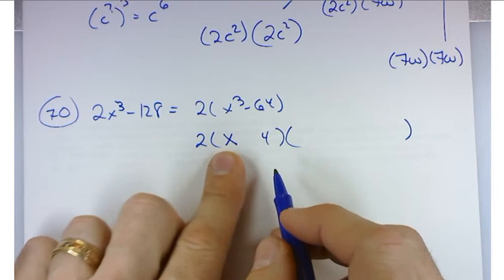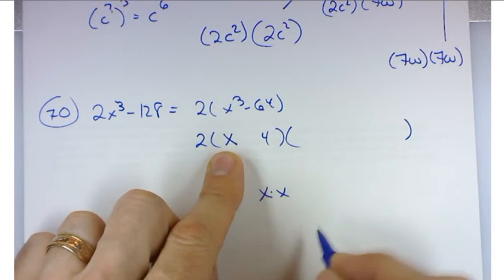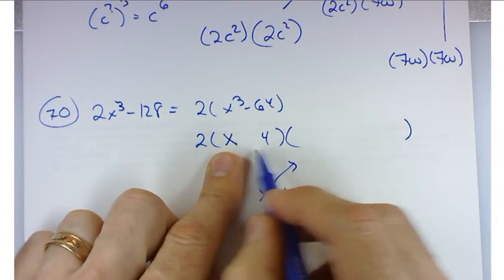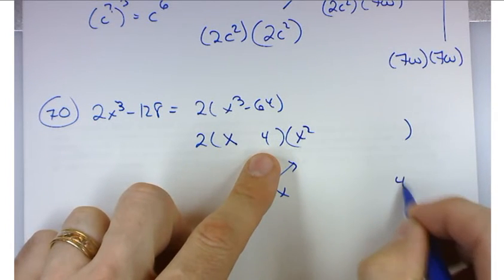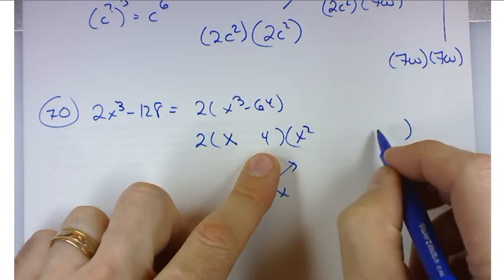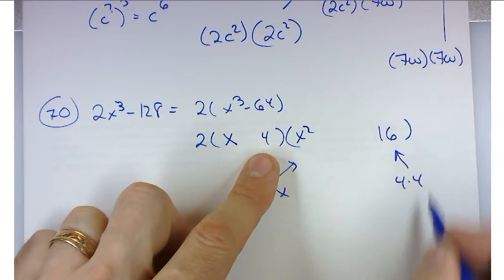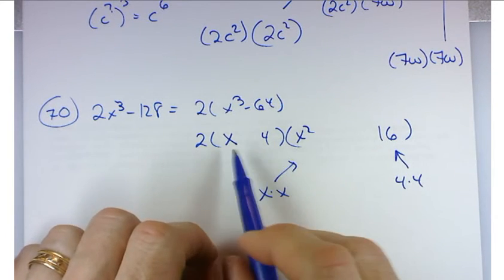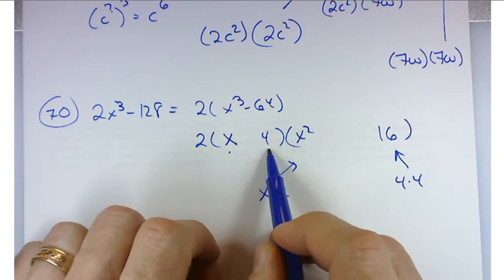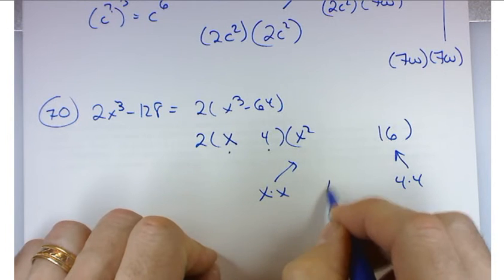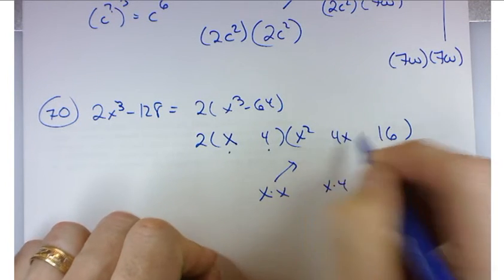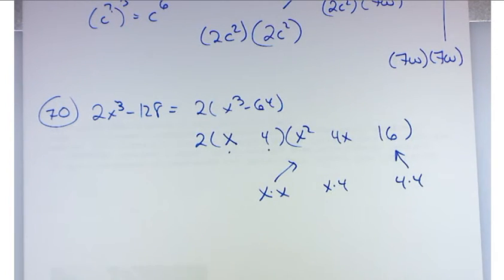So, take the first term, multiply it by itself. x times x gives me an x squared. Take the last term, multiply it by itself. I get a 16. I've multiplied the first term by itself and the last term by itself. The only thing I can do to get something different would be to multiply these two together. x times 4, we'd probably prefer to write it as 4x.